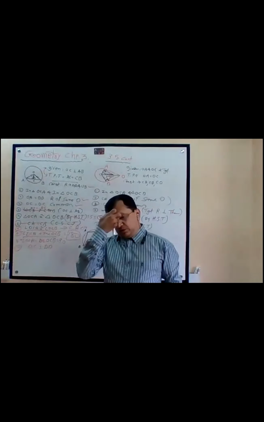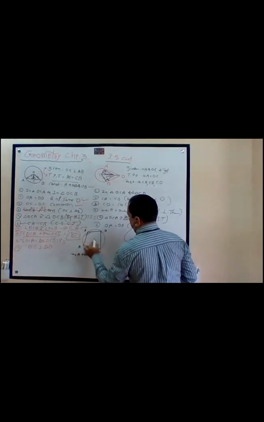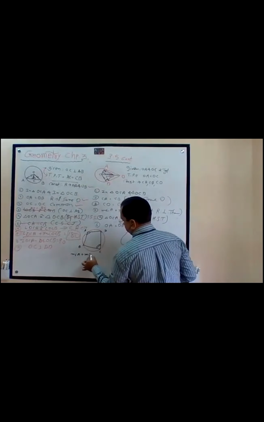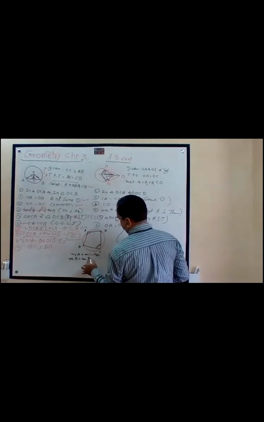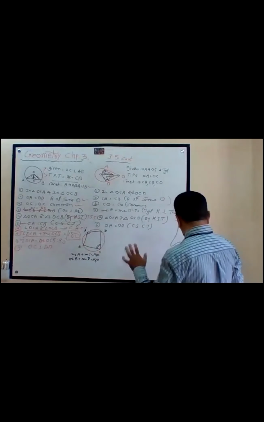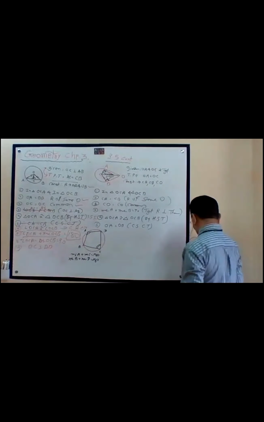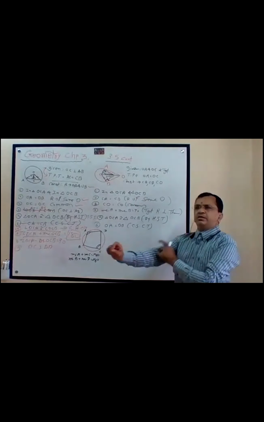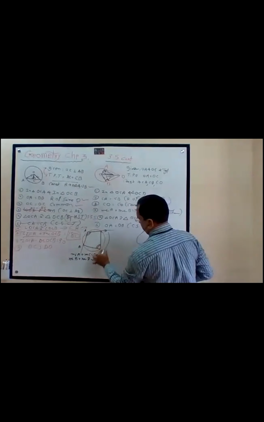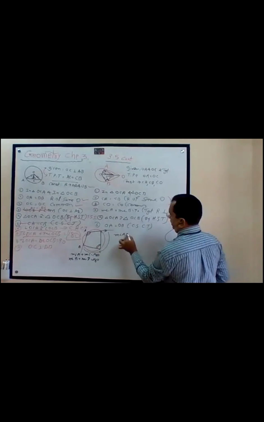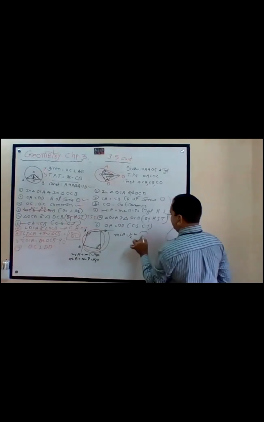We have to prove the opposite angles sum to 180: measure angle A opposite to C, measure angle B. In short, I'll explain. As per the inscribed angle theorem, with A, this much is inscribed. So measure of angle A is half the measure of arc DCB.